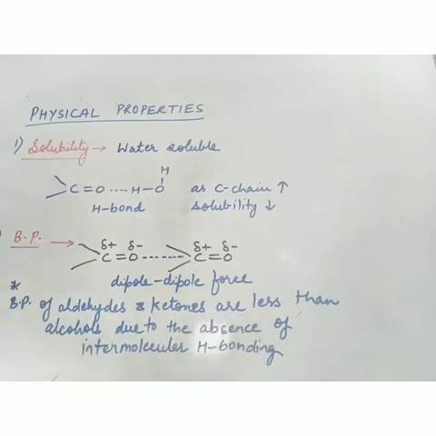Alcohols show this intermolecular H bonding. This we have learnt. And the magnitude of H bonding is greater than this dipole-dipole force. So alcohols have higher boiling point as compared to aldehydes and ketones. So this is all about the physical properties of aldehydes and ketones.